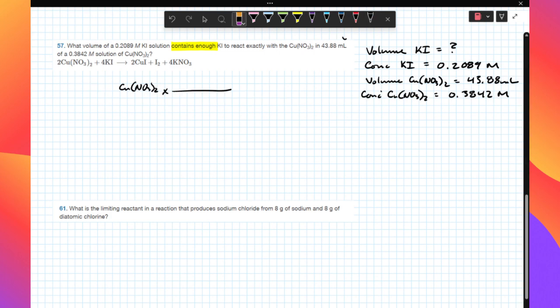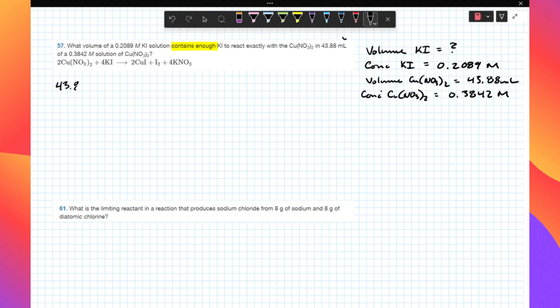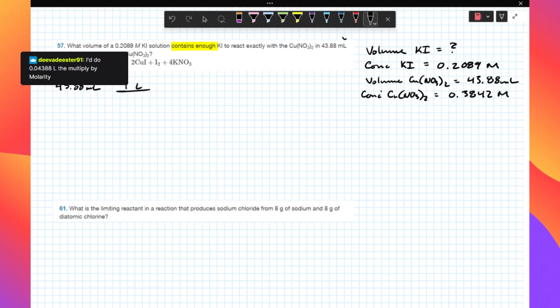Yeah, okay, we're almost there. Let's start with our volume of copper nitrate. We're going to go ahead and convert that into liters, because we're dealing with units of molar.